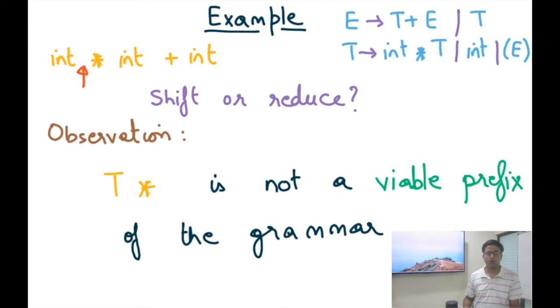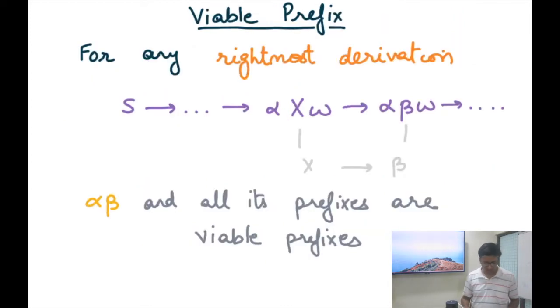All right. So what do I mean by T star is not a viable prefix of the grammar? As I said, anything that begins with T star cannot be reduced back to E. All right. More formally, what is a viable prefix? For any rightmost derivation, S to something something, where S is a start symbol, if you take any step where there is some string of terminals and non-terminals, X is the rightmost non-terminal, which means omega here is all terminals.